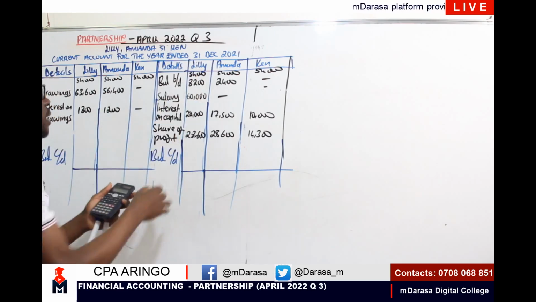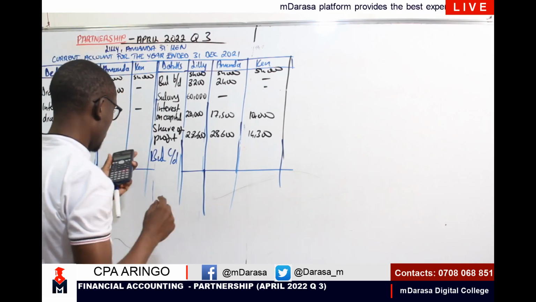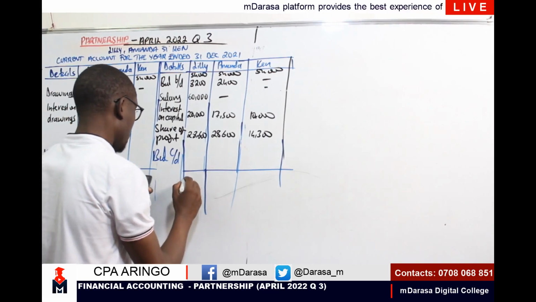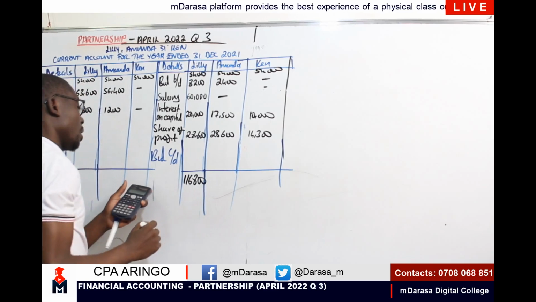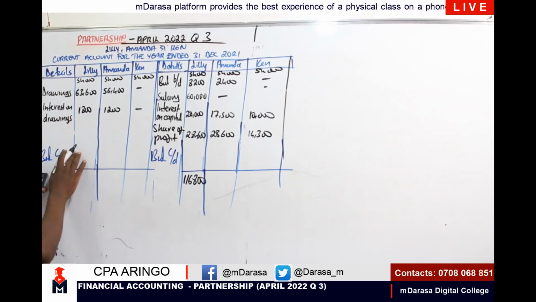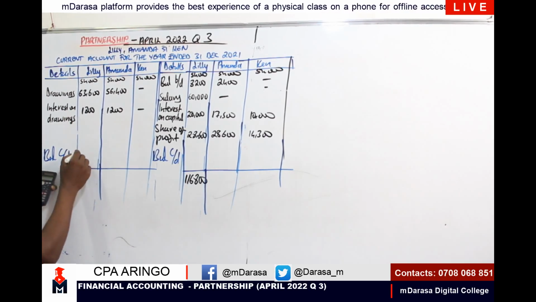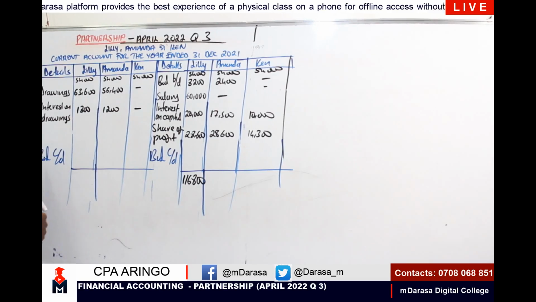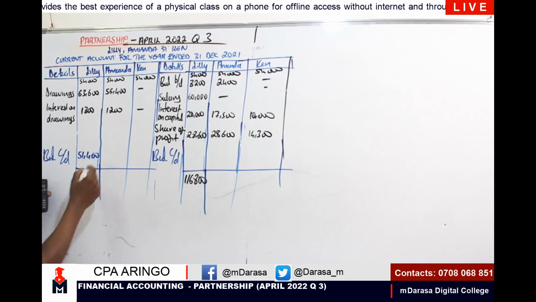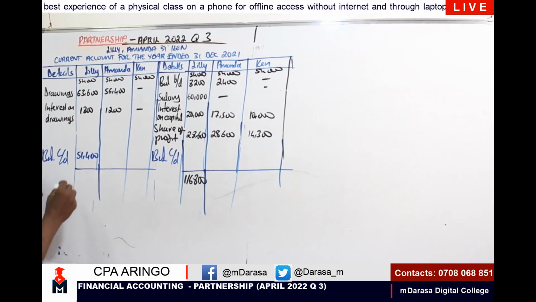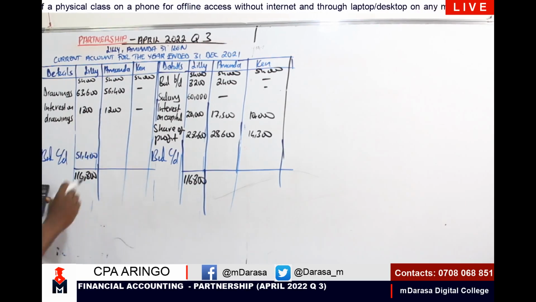So therefore, on the credit side is more, 116,800, and therefore my balance carried down will be on the debit side. I'm getting a figure of 51,400, so that the total should give us 116,800.